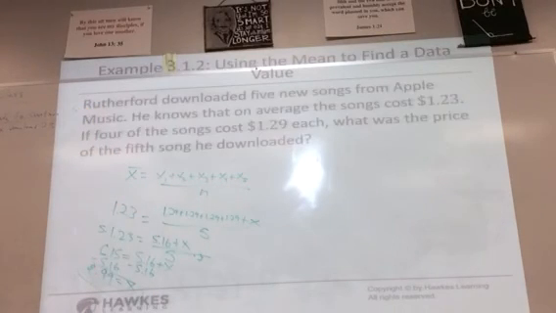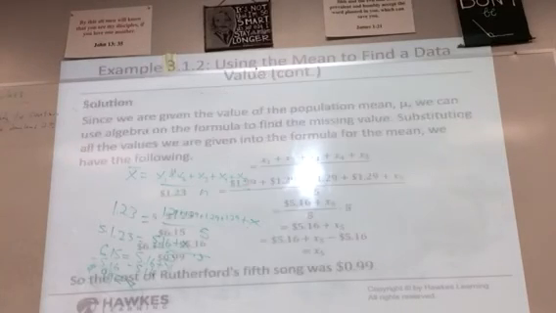So that's a common style of question, where they give you all but one of the pieces of data, and you need to find what's the missing piece so that that's the average. And we'll talk about later on, it's helpful for calculating grades when you're trying to figure out what your final grade is going to be. All right? So those are all the steps that we just did.